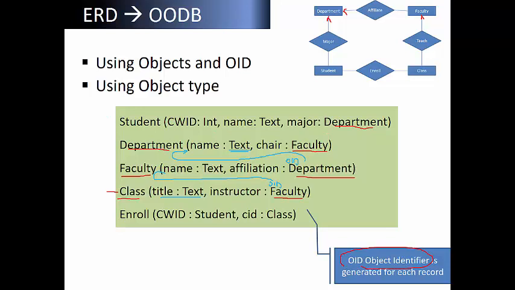We can say, okay, faculty here. So a particular title, say IASP 525. This is a particular object, okay? An object, a faculty, an instructor.